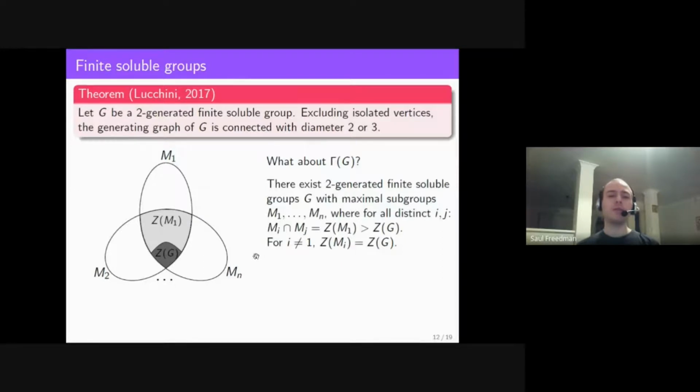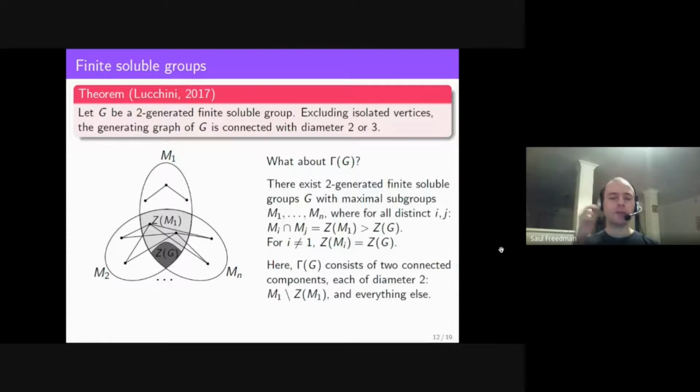Now, whenever a group G satisfies these properties, in fact, the graph of G has 2 connected components, each of diameter 2. So one of the components consists of the vertices that are non-central elements of M1, and the other component is all the remaining vertices. So why are these components disjoint? Well, starting from a vertex in M1, we of course can't join it to a vertex in the center of M1 because these 2 vertices commute.